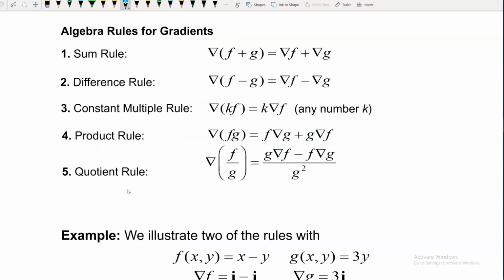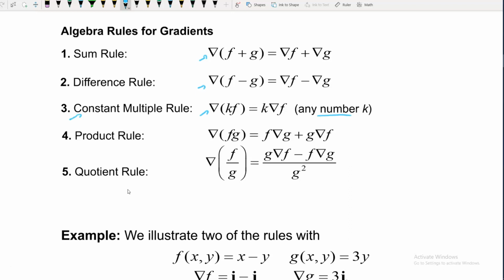Algebra rules for gradients. Number 1, sum rule: gradient of f plus g is equal to gradient of f plus gradient of g. Number 2, difference rule: gradient of f minus g is equal to gradient of f minus gradient of g. Constant multiple rule: gradient of k times f is equal to k times gradient of f, and k is any number.